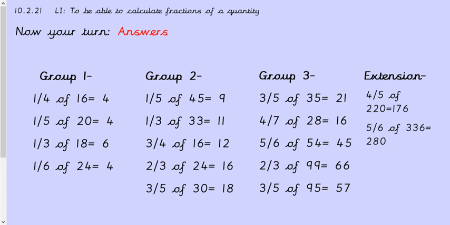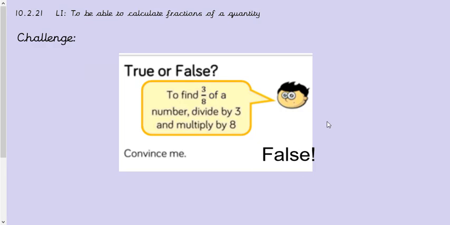If you went onto the challenge, then it is false. It says to find 3/8 of a number, divide by 3 and multiply by 8. So they've got it the wrong way round. If we are doing 3/8 of a number, say 3/8 of 16, you would have to divide by 8 first.